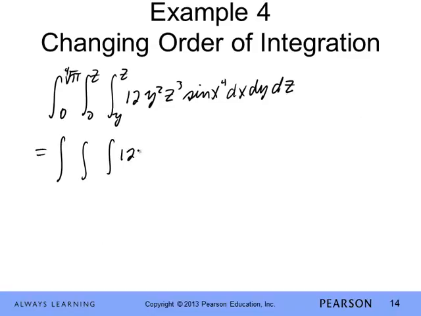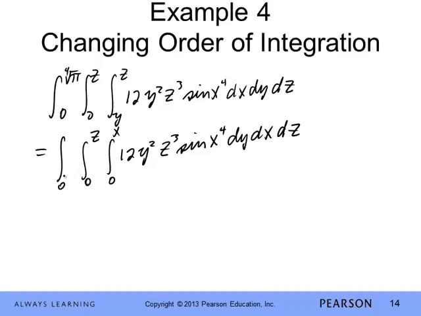It's the same integrand, so this hasn't changed, but the order of integration is now dy, dx, dz. Remember, y varied from 0 to x, x varied from 0 to z, and then z varied from 0 to 4 through to pi.